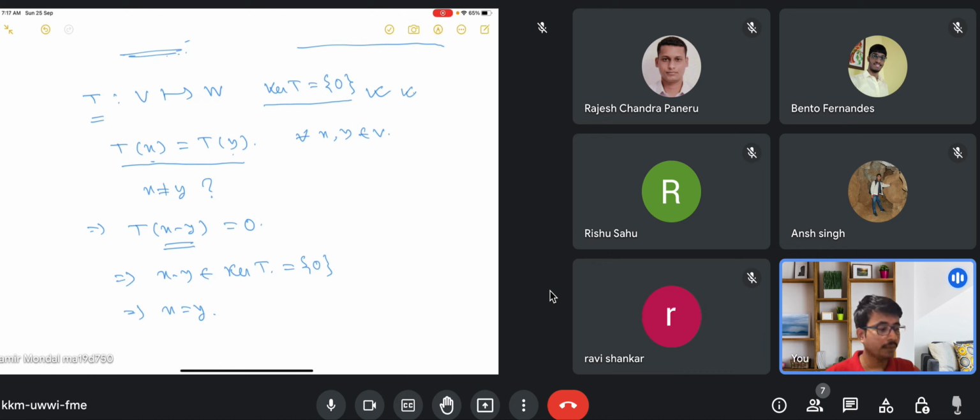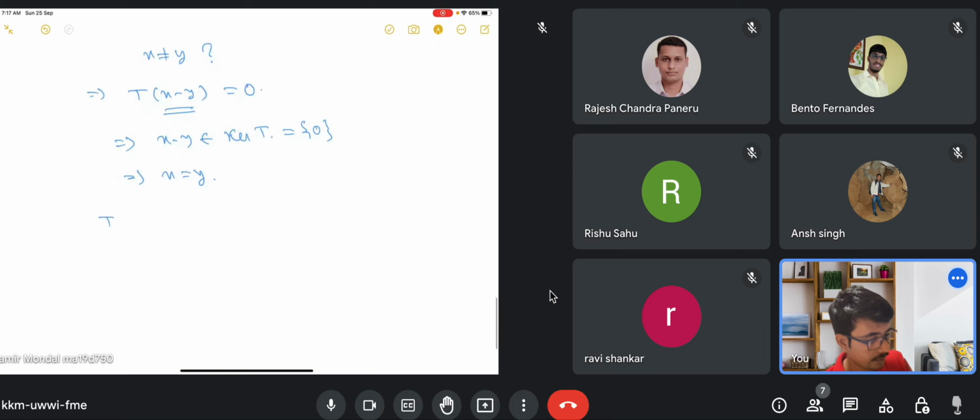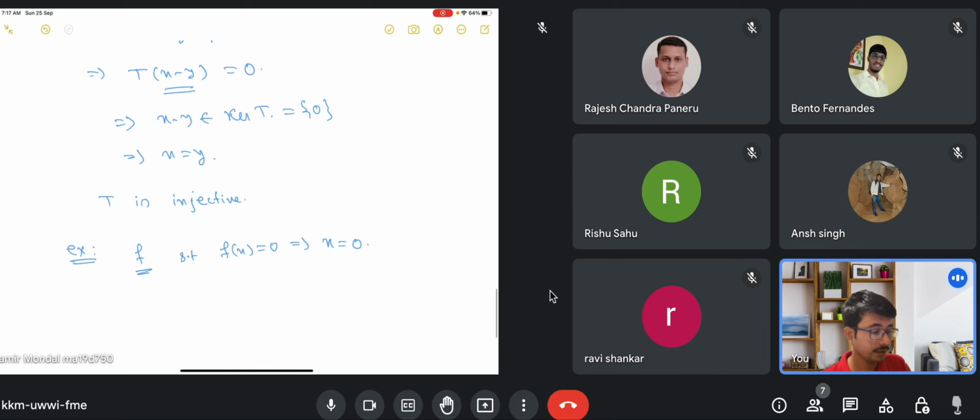So could you please give me one example of a function f such that if f of x equals 0 implies x equals 0, but f is not injective?